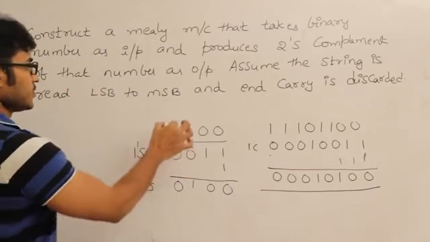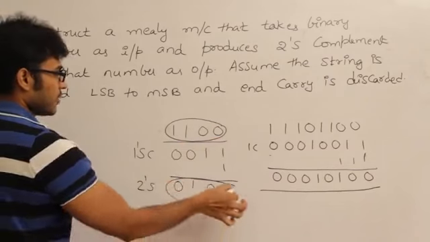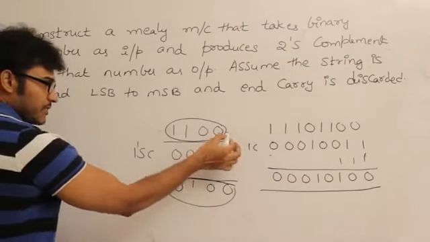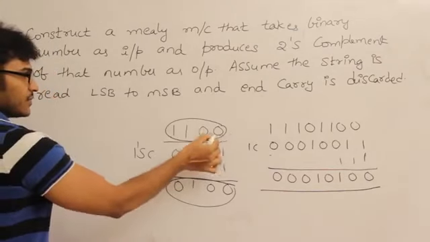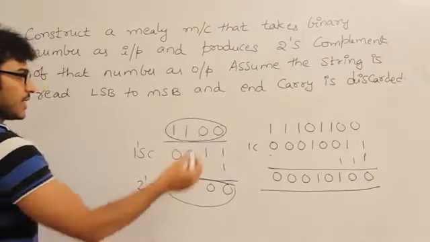Now you just check these two numbers. This is the original binary number, and this is the twos complement of it. If you look at this, if I am reading from LSB to MSB, if I have zeros in the beginning, or zeros from the LSB side, LSB is the least significant bit and then the most significant bit.